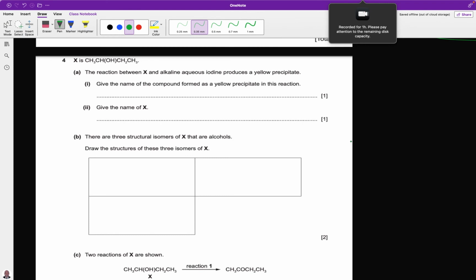It will undergo the triiodomethane reaction, and the name of that yellow precipitate is triiodomethane, or what we call iodoform.